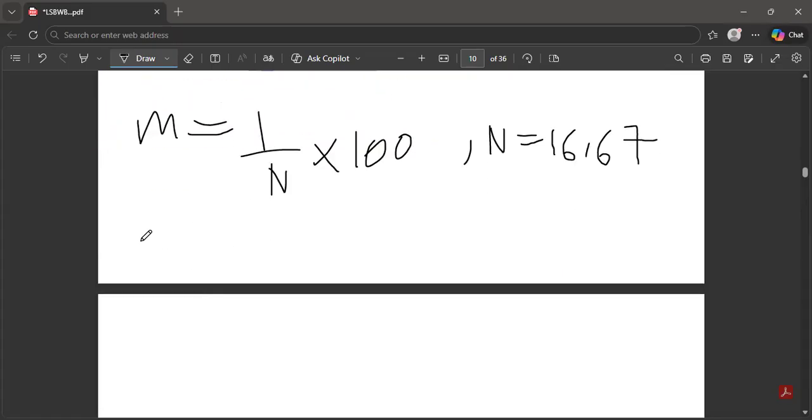So finally, we can say that our M is equal to 1 over 16.67, times 100.